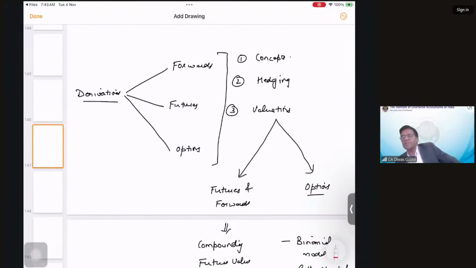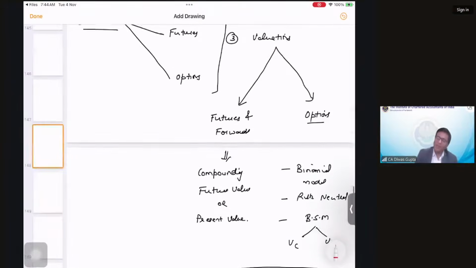Now, till now, students, we have discussed the forwards, futures, and options, their concepts. First of all, we have discussed what we really mean by a forward or a future or an option. We have also discussed the hedging part, right? That using these derivatives, how we can hedge. Hedge means already there is a risk in the underlying, and using the forwards, futures and options, we are trying to reduce or mitigate that risk. Then the third part is around the valuations.